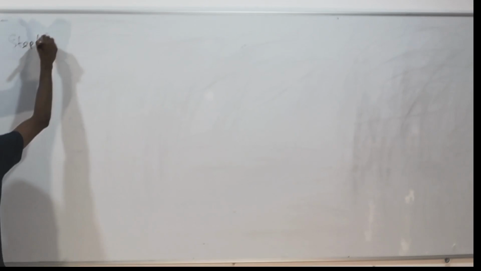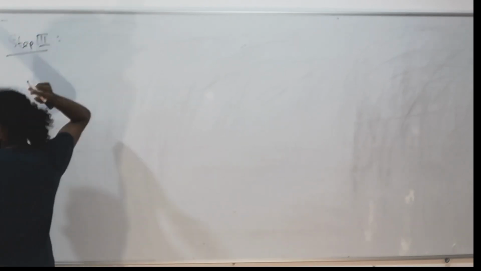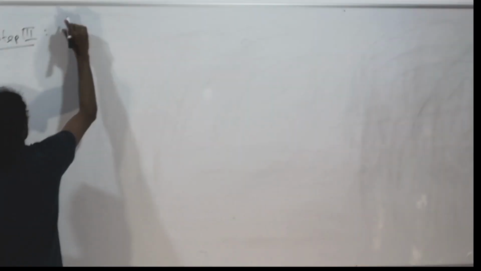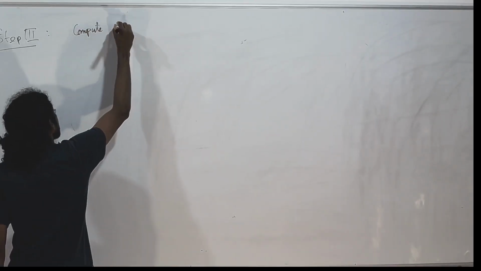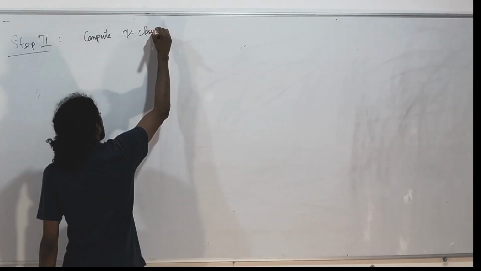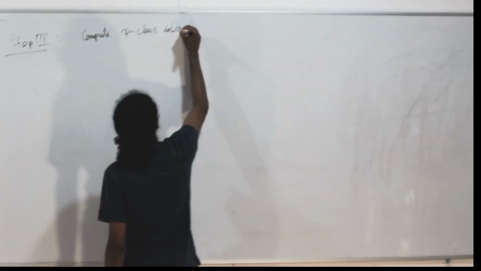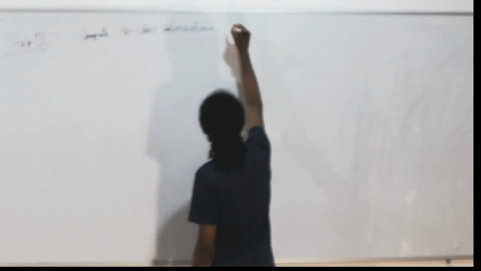Okay, so what is the last step? Compute psi-class intersections. This is where Witten's conjecture will come in a second.